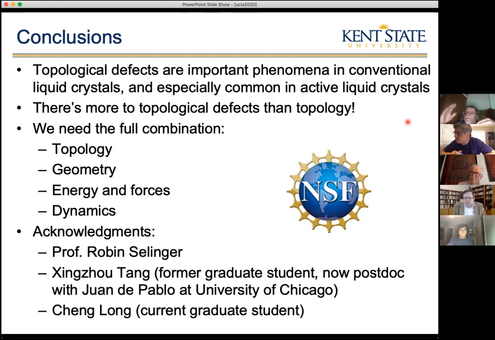Now, I was wondering if that surface term might be important if you are putting a topological defect or more than one topological defect between two walls and rotate that. Does that surface term make any difference?